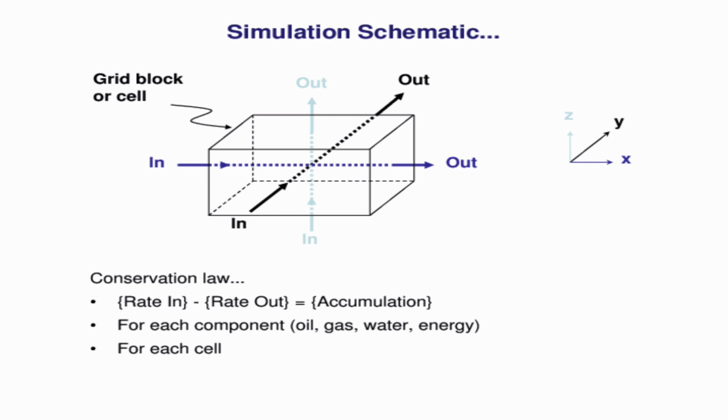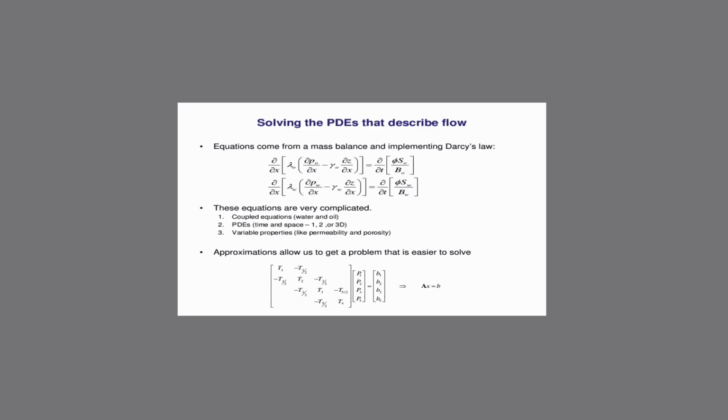So every cell, and then there's continuity across. So anything that's exiting one block has to be entering the one next to it, right? So there's a continuity across there, and that's what couples equations or ties them together, okay? And then we can construct a big algebraic matrix equation, and then we use a computer to solve them.